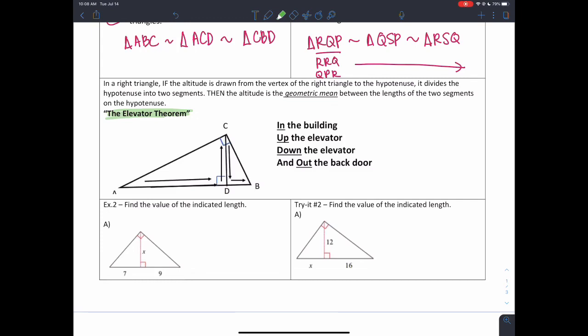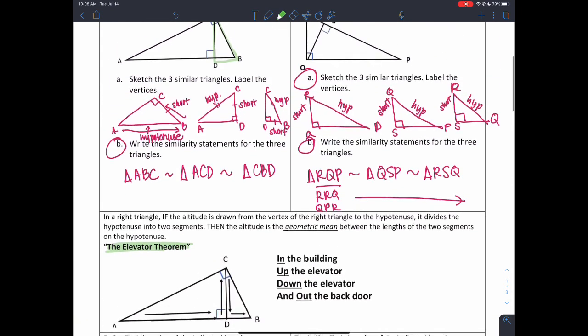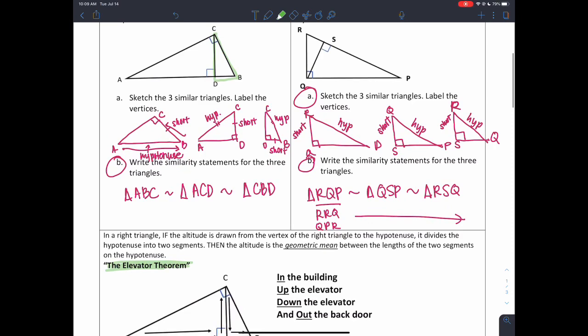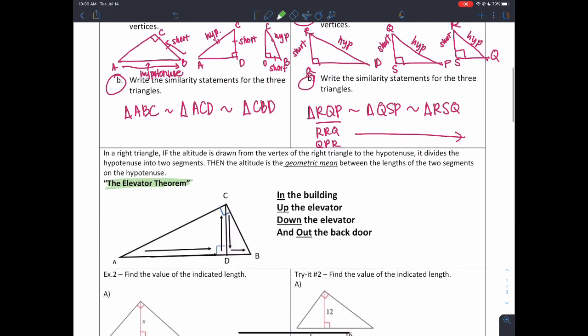As you can see in the previous part of our lesson, drawing all the similar triangles takes a bit of time. So this elevator theorem is a shortcut that helps us find missing sides in these right triangles with altitudes.